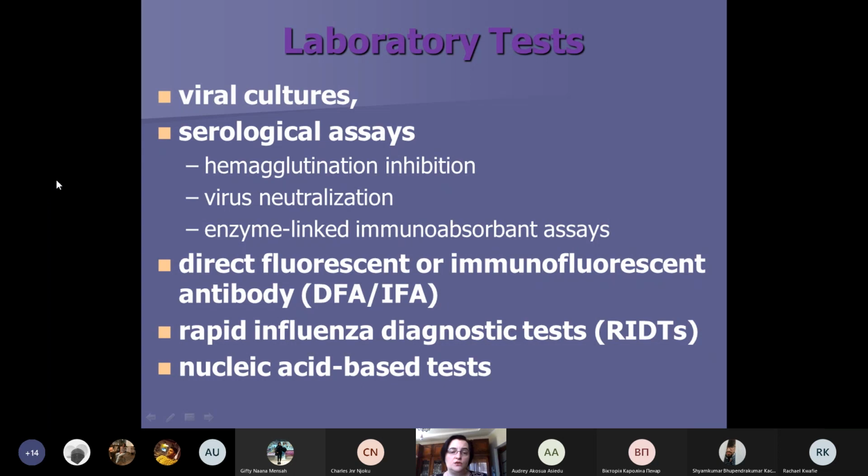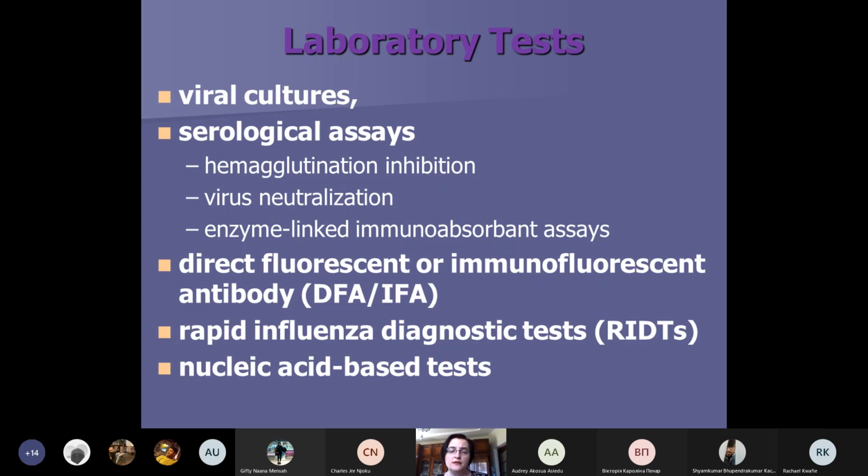Rapid influenza diagnostic tests are a simple way of obtaining an assay result, are low cost and produce results quickly, in less than 30 minutes. So they are commonly used, but they cannot distinguish between A and B or between influenza A virus subtypes and are not as sensitive as nucleic acid-based tests.